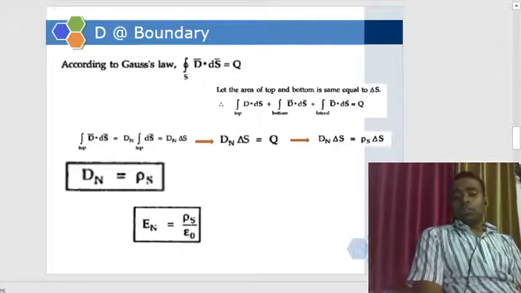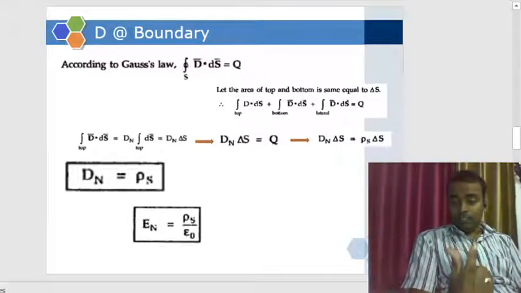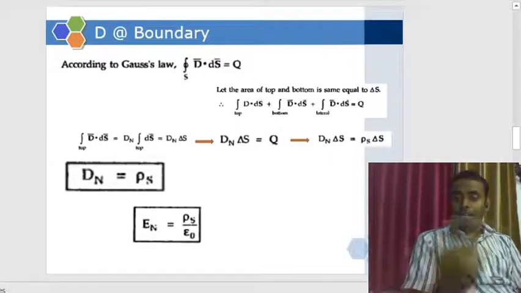So as per Gauss law, surface integral of D dot dS is equal to Q. So this surface integral will be divided into three parts: top, bottom, and lateral surface.